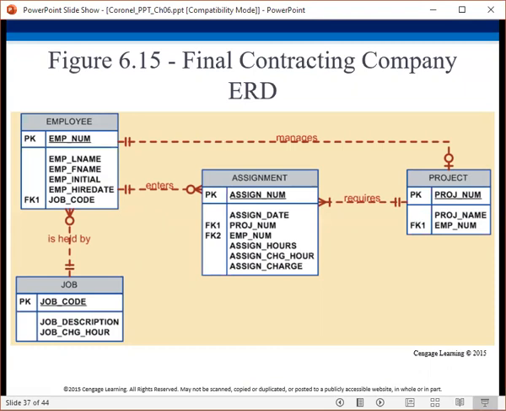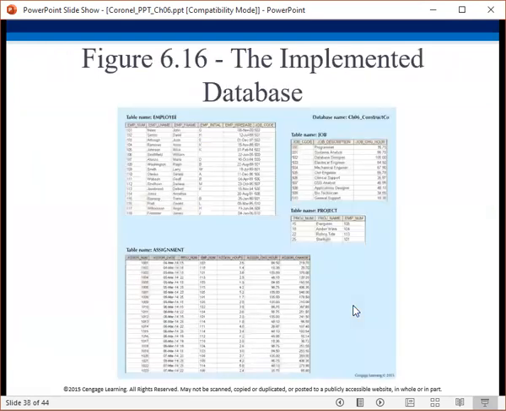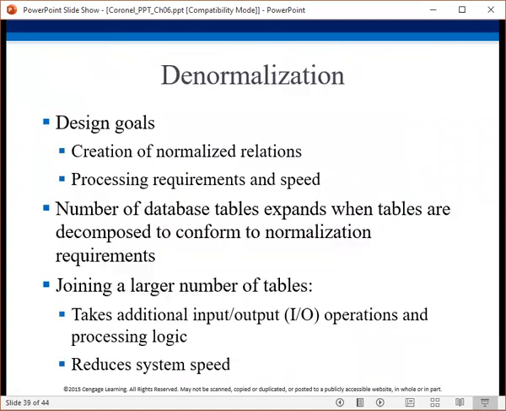So we decompose them into two separate one-to-manys and put a junction table or some other, it goes by many names, but the idea is it's a table that implements a join between the many-to-many tables. And then we have our implemented database with values in the fields.